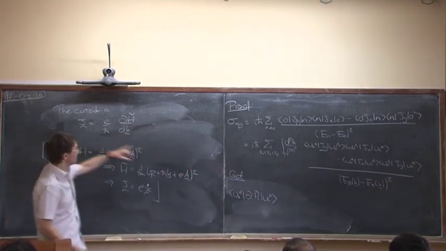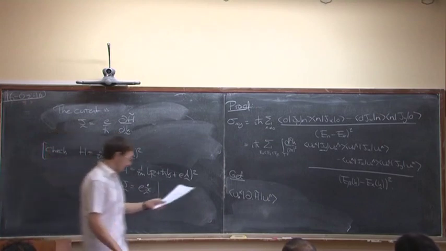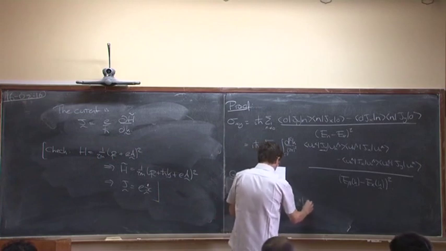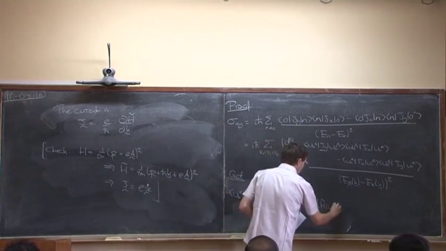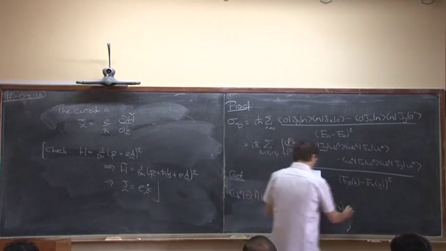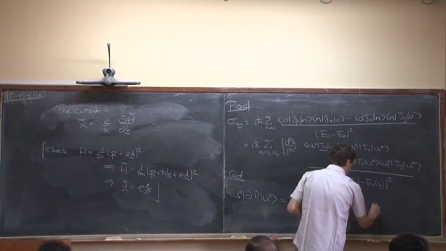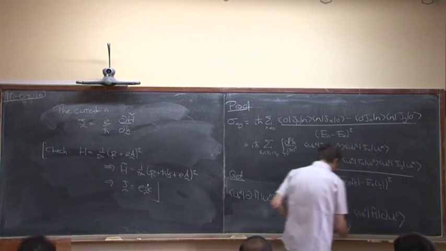Okay? Replacing the J's with this. And we just rewrite this as u_k alpha, d_k H tilde times u_k beta, minus u_k alpha, H tilde d_k u_k beta.